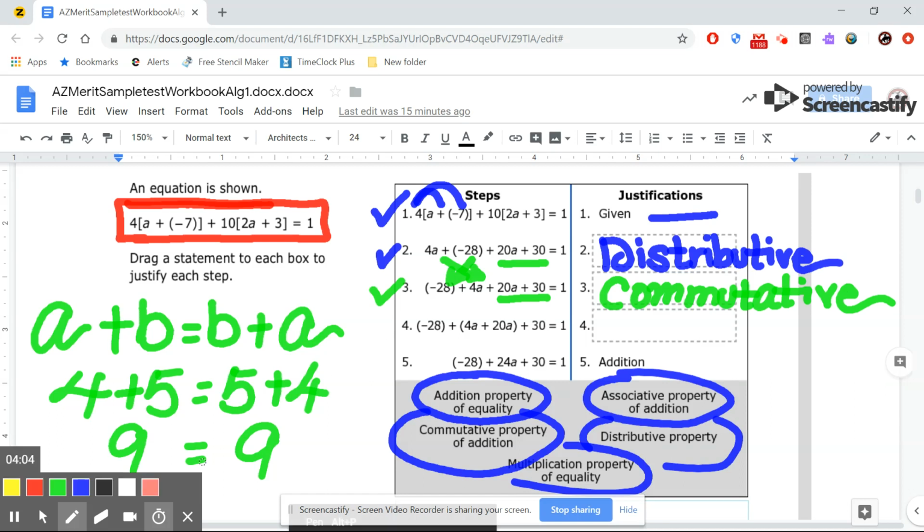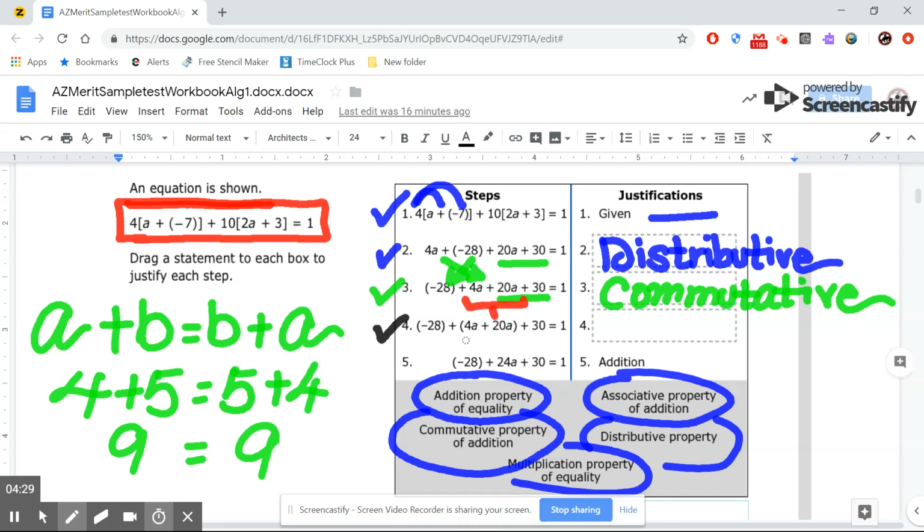All right, color change again. Step number 4. What is happening on step number 4? What is the new thing you're seeing as a difference from step 3? Remember, take your time on the test and study every property and step carefully. On this step number 4, what I'm doing is getting my 4a and 20a together in one parentheses.